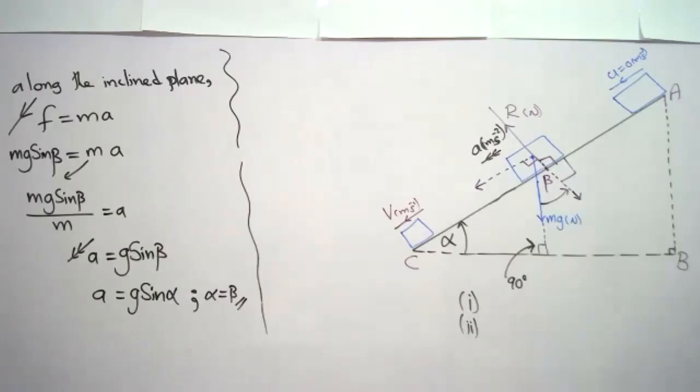Roman number 1: How long does it take for the object to reach the bottom of the inclined plane? Within brackets, the length of the inclined plane is 10 meters. Roman number 2: Find the velocity of the object when it reaches the bottom. Thank you, Ria. Thank you very much.